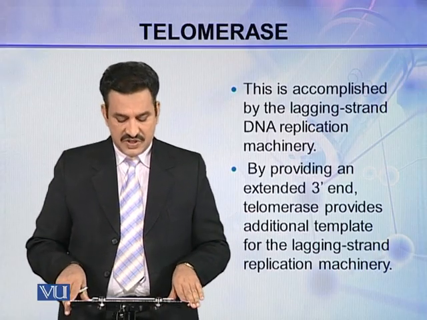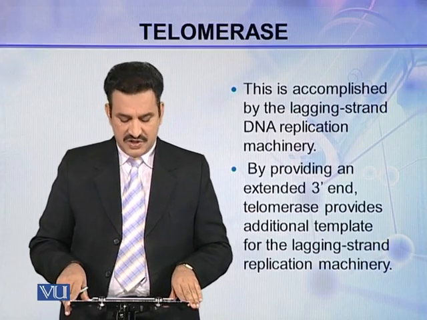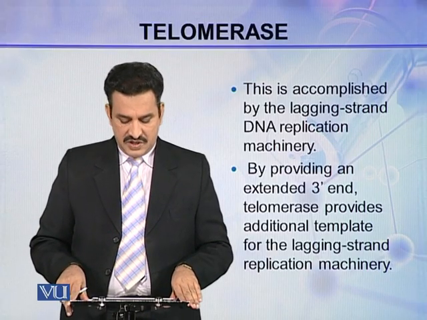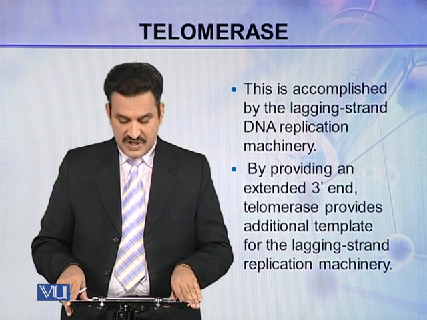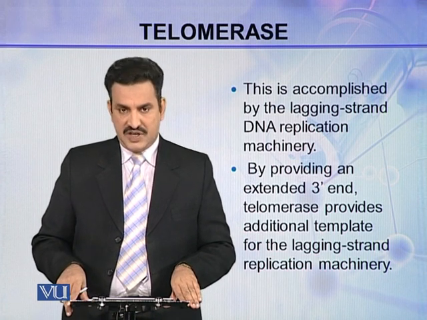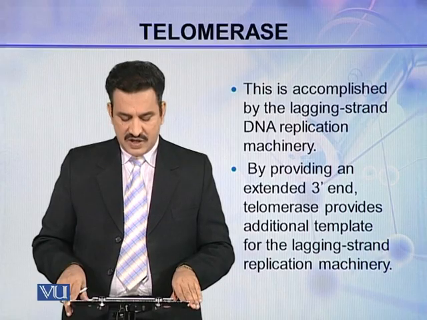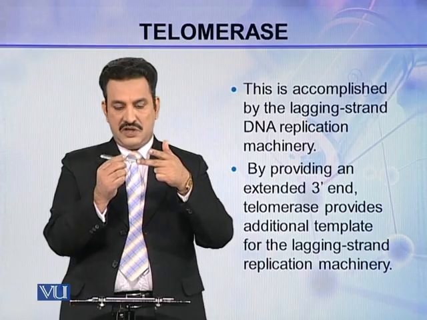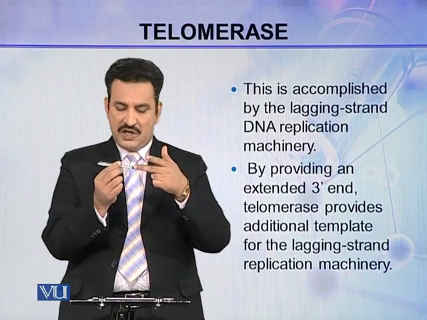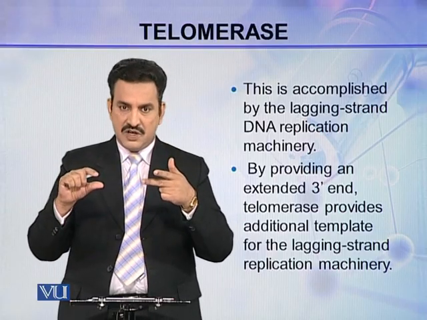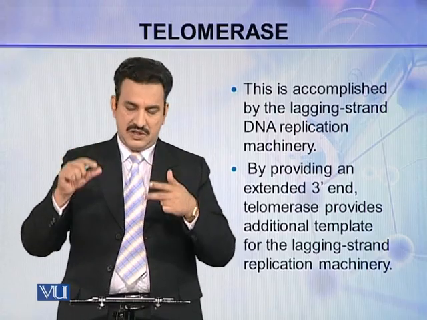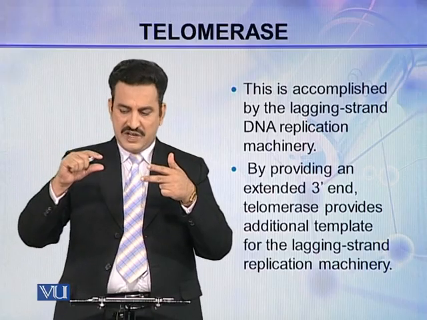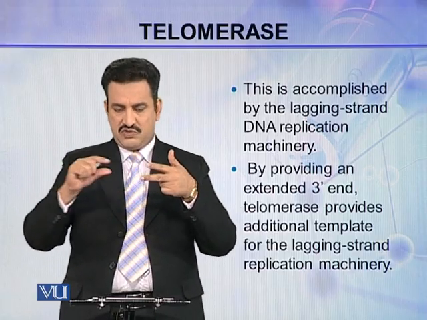This is accomplished by the lagging strand DNA replication machinery. By providing an extended 3' end, telomerase provides additional template for the lagging strand replication machinery, to use this additional strand to complete the synthesis of this strand.